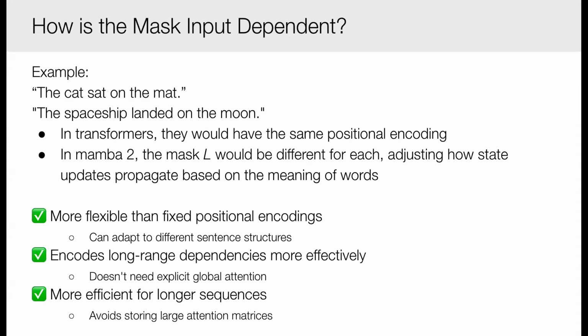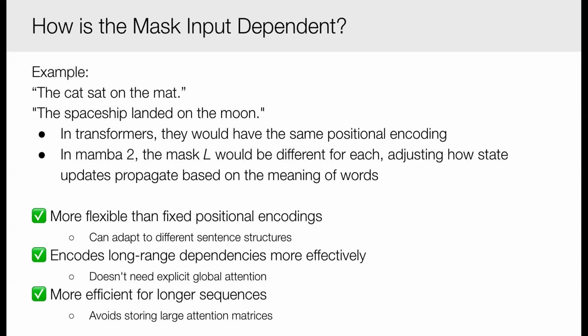So if you had to give an example, in Transformers these two sentences would have the exact same positional encoding. However, in Mamba 2, your L, your mask, is different for each of these, and it adjusts how state updates propagate based on the meaning of the words.